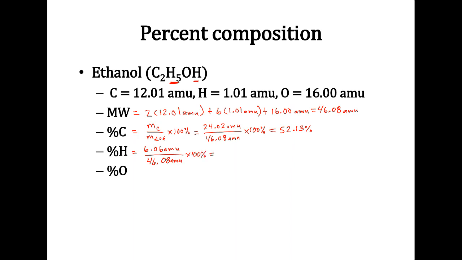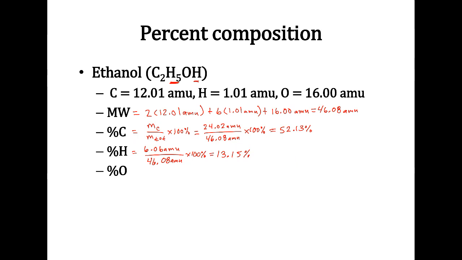And this should end up equaling, if we're doing sig figs, 13.2%. But since the carbon and the oxygen are both going to be reported to 2 decimal places, I would probably go ahead and report it like this, but I'm not going to count off if you reported this as 13.2%. You can make a case for either way.